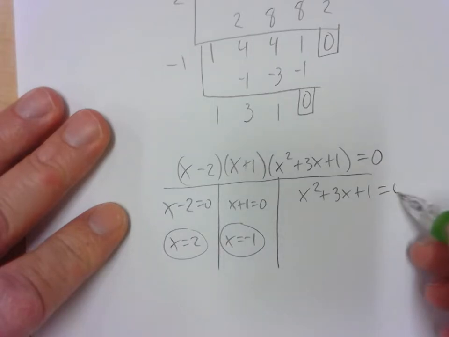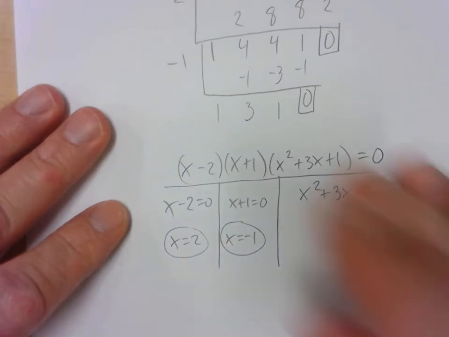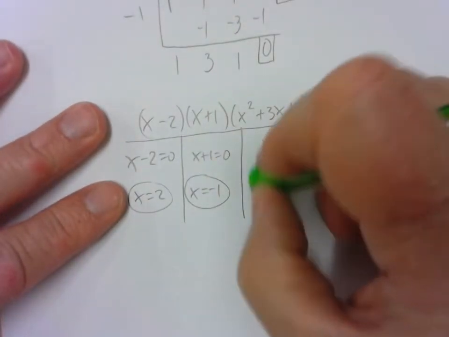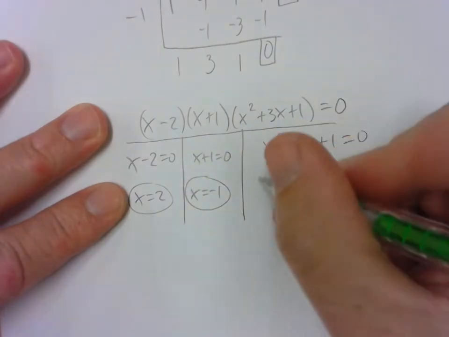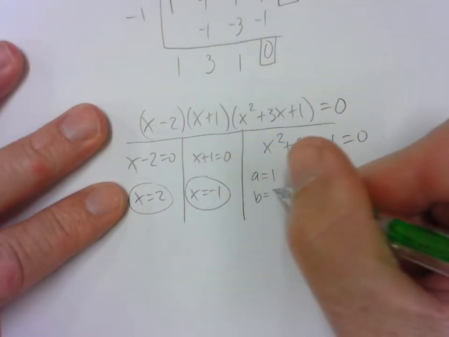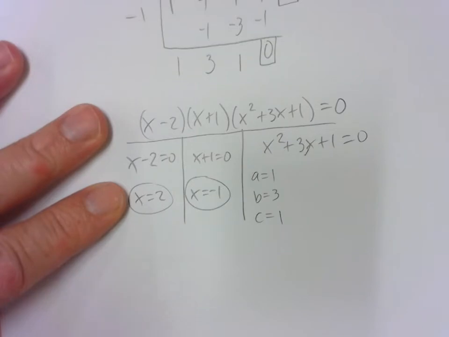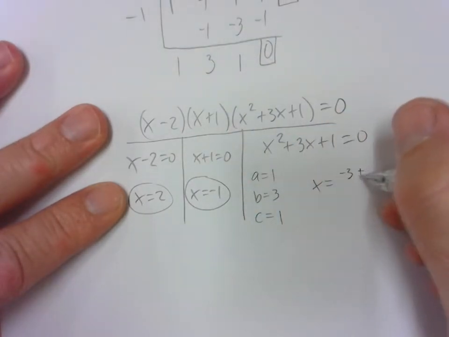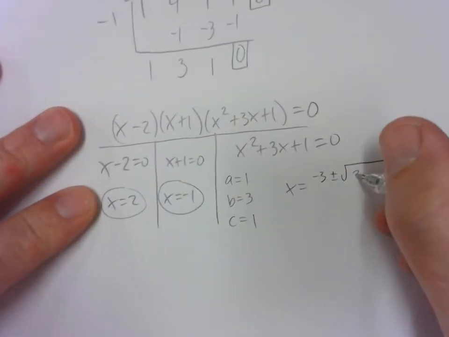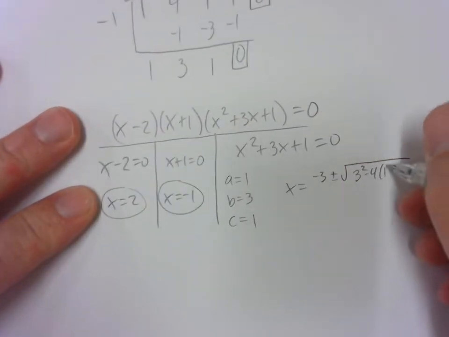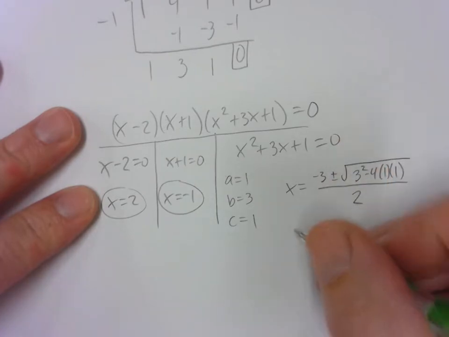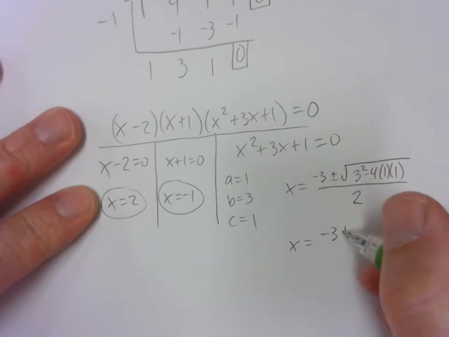I could complete the square, but it's an odd number, so I'm going to use the quadratic formula. A is equal to 1, B is equal to 3, and C is equal to 1. So here I go. X is equal to -b, so it'll be -3 plus or minus square root of b squared, 3 squared, minus 4 times A is 1 times C is 1, all over 2A, which is 2.